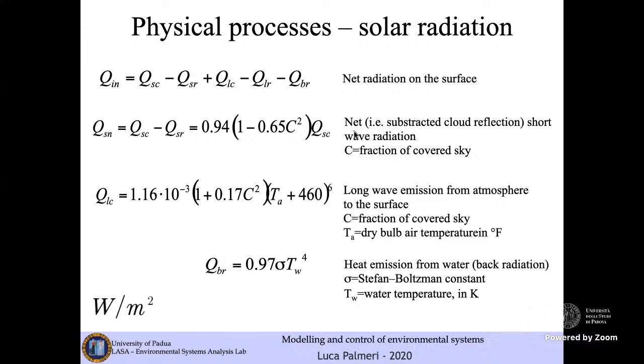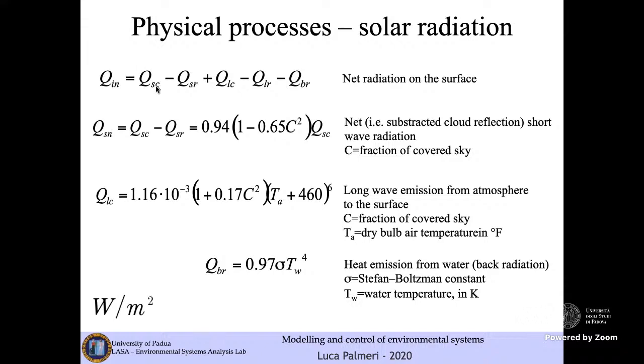We start by simply making a balance of radiation on the surface of the planet. We call Q in the net incident radiation on the surface of the planet.